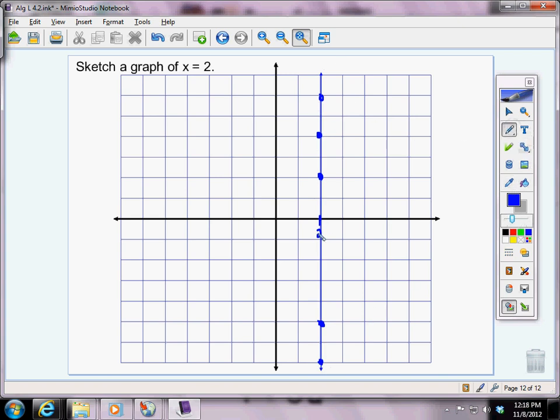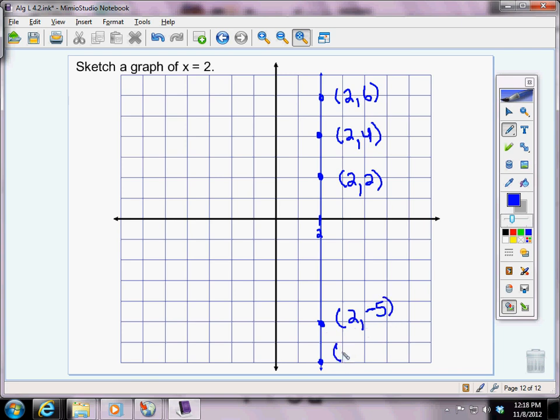Because this here, this is the point 2, 1, 2, 3, 4, 5, 6, the point 2, 6. This is the point 2, 1, 2, 3, 4, 2, 4. This is the point 2, 2. This is the point 1, 2, 3, 4, 5, 2, negative 5.